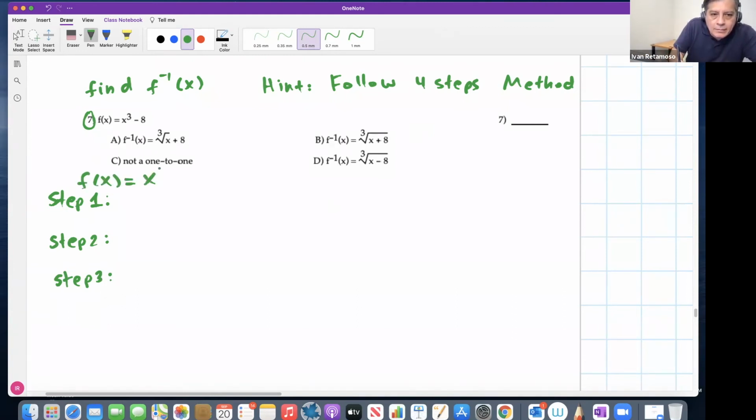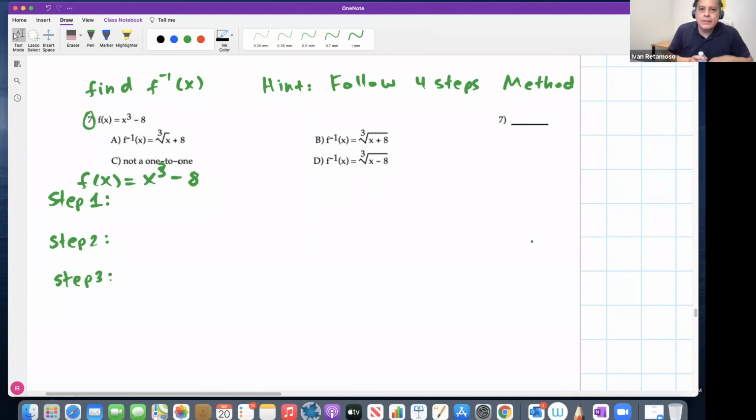F of x equal x cubed minus 8 is the original function. Follow the 4 steps.